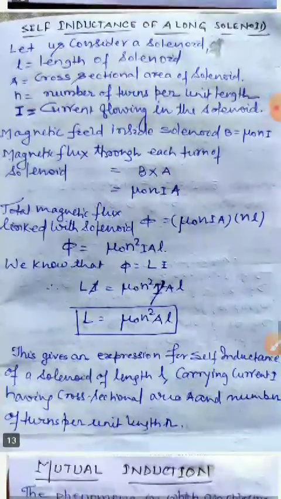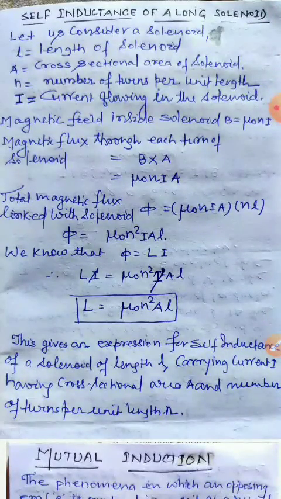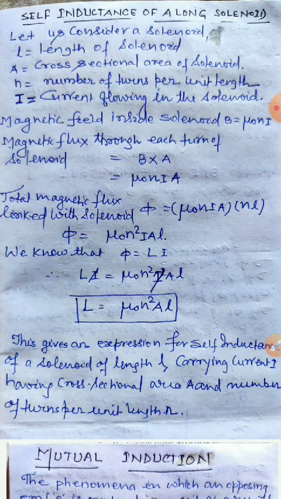Now self-inductance of a long solenoid. Let us consider a solenoid. Let its length be L, cross-sectional area is A, N is the number of turns per unit length, I is the current flowing through the solenoid.